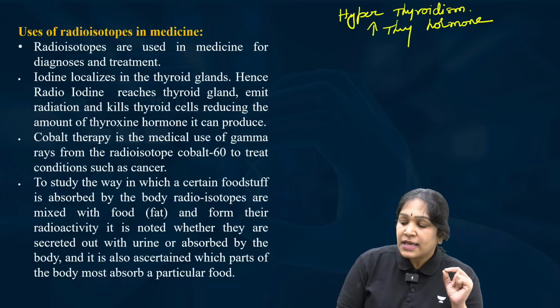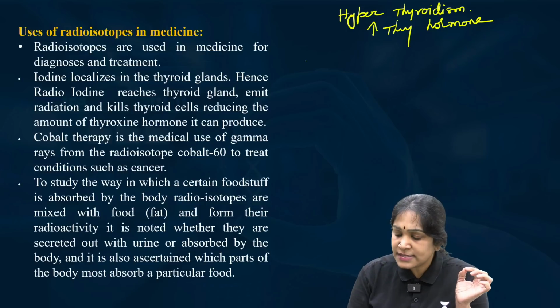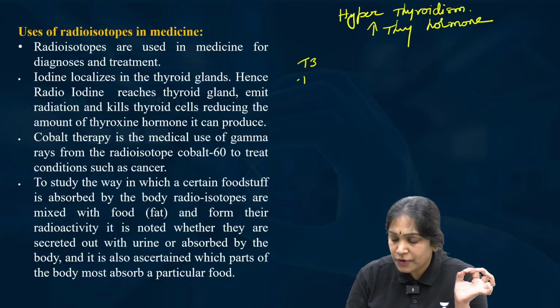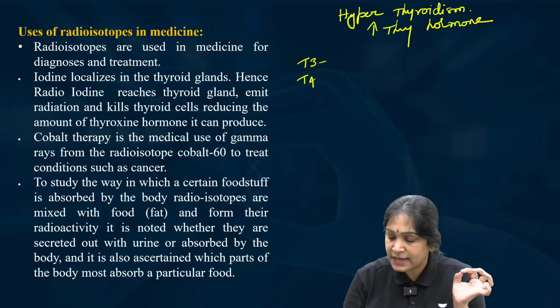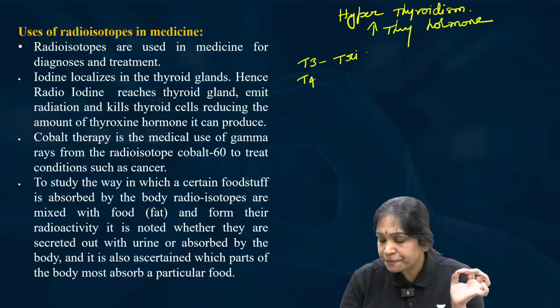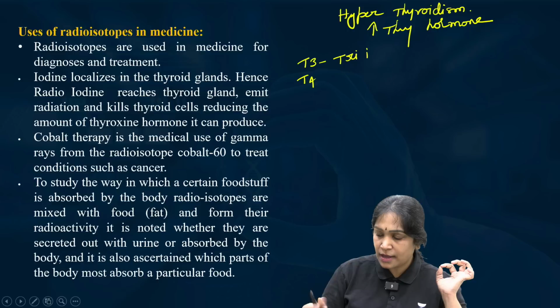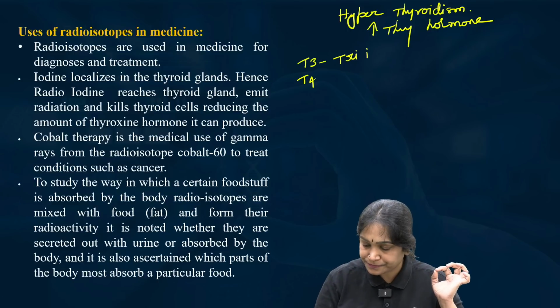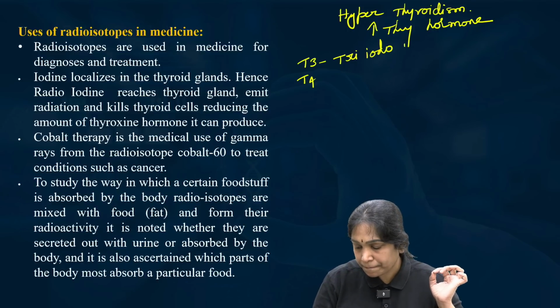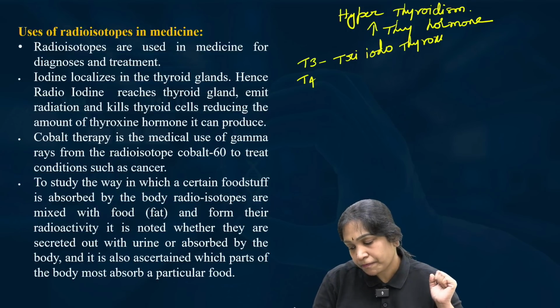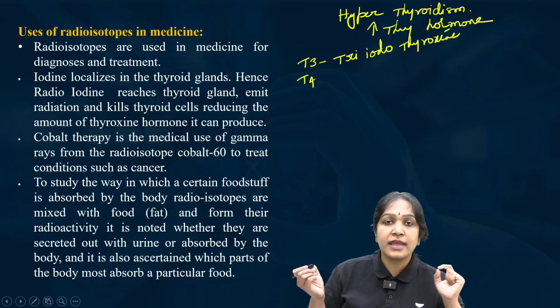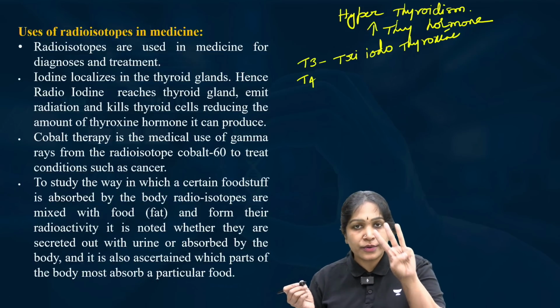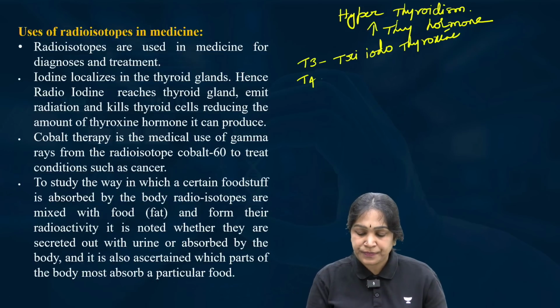Okay, you might have heard this T3 T4. What are this T3 T4? T3 is triiodothyroxine. Three iodines in the thyroxine.